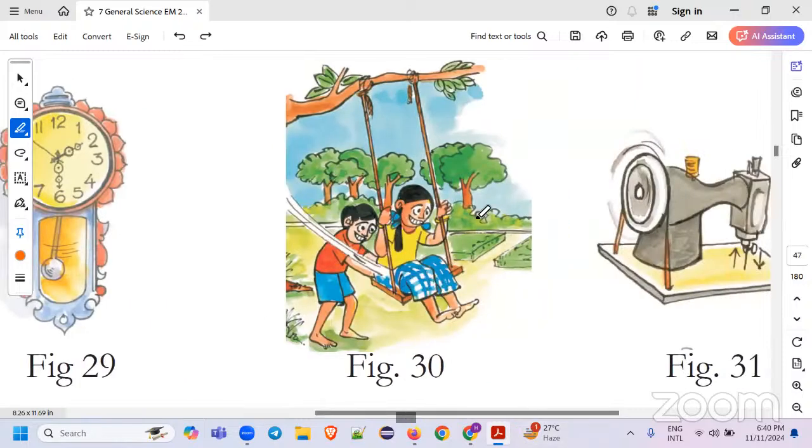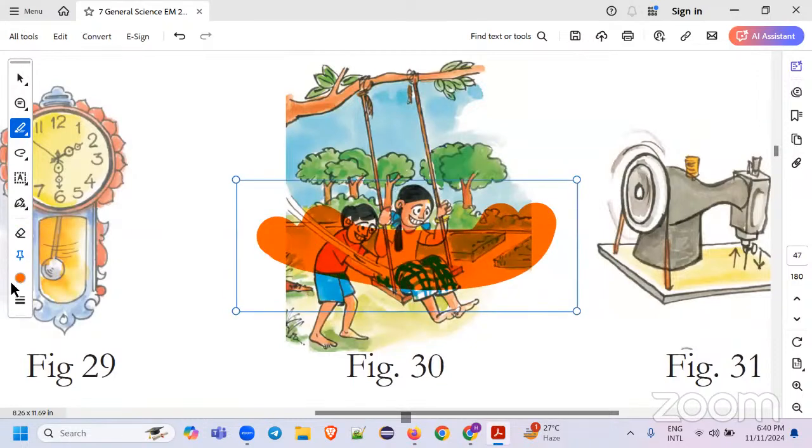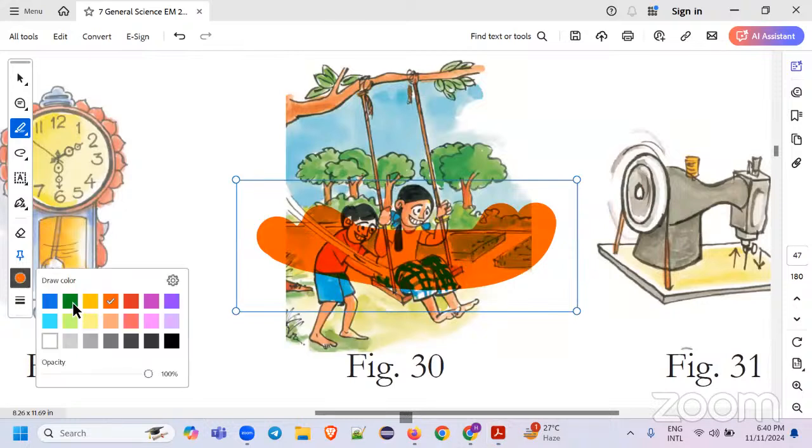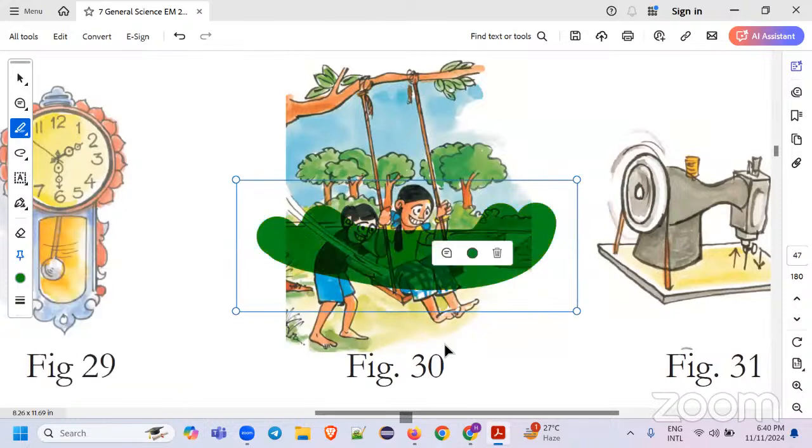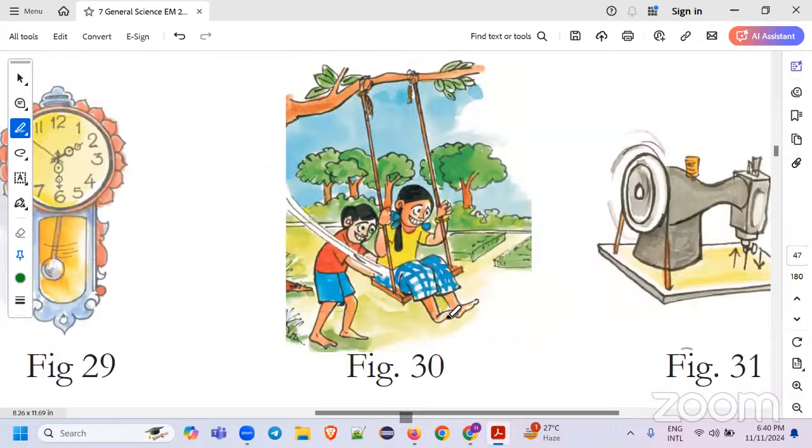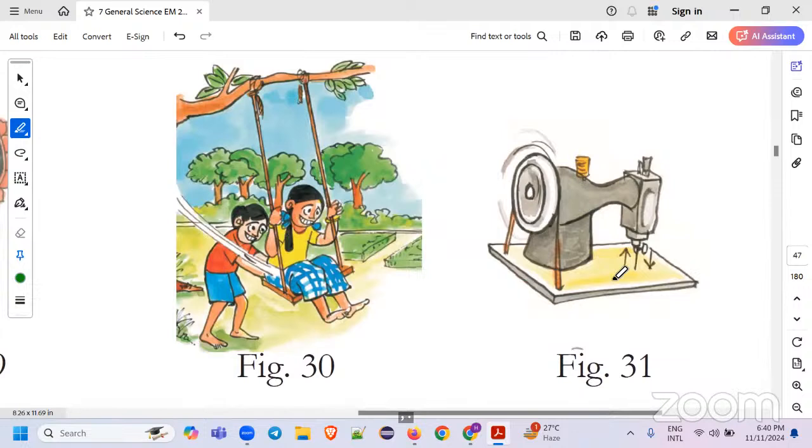They are playing with the swing. The swing also moves to and fro, to and fro, based on one mean position. Here is the needle of a sewing machine that you can see.